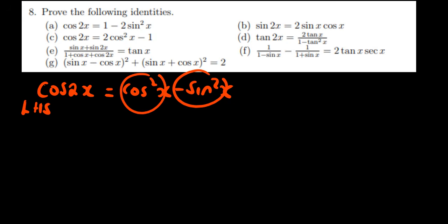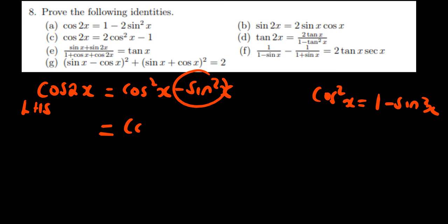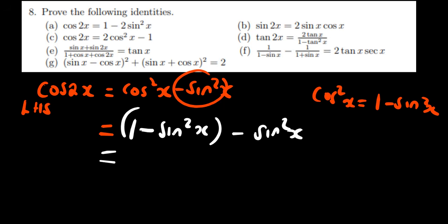So I have to find what cos squared x is, and you know that from your identity, cos squared x is just the same as 1 minus sine squared x. So allow me to put it there. Since we're replacing that with what I've just written, I'm going to have 1 minus sine squared x, minus the sine squared x that is at the end. So now I'm going to have 1 minus sine squared x minus sine squared x.